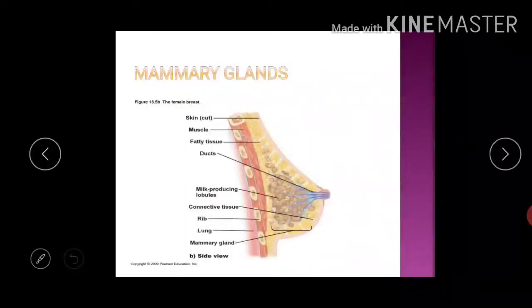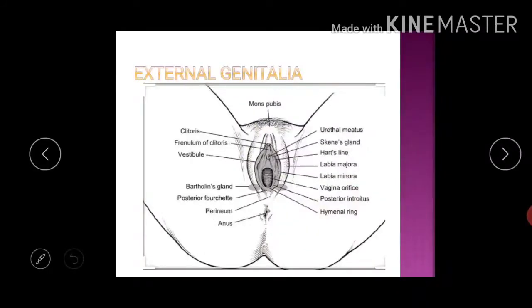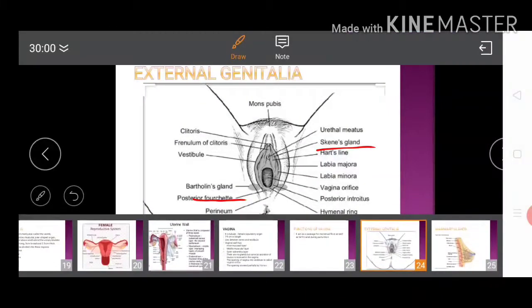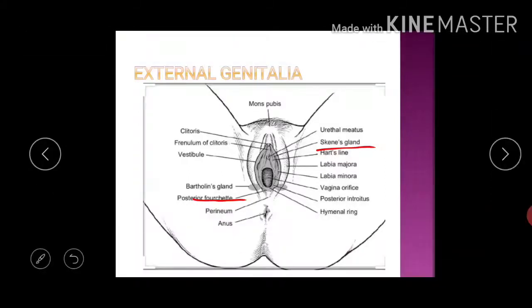See that in this vestibular region these glands are present, in pairs. They open into the vestibule and release a lubricating fluid, which is very important during copulation.